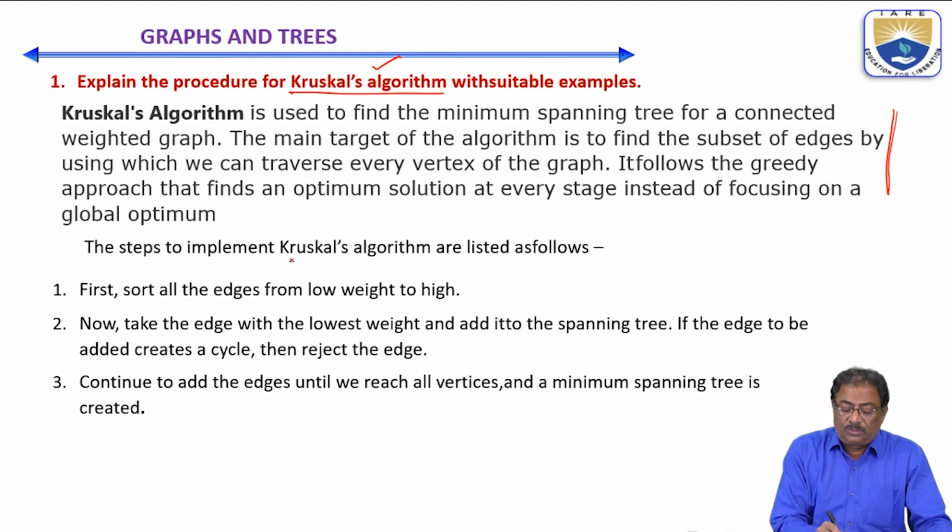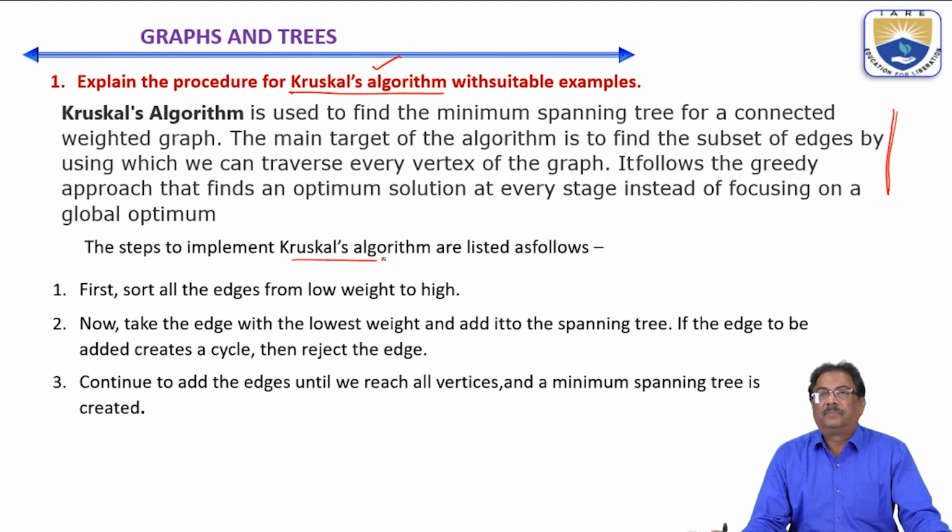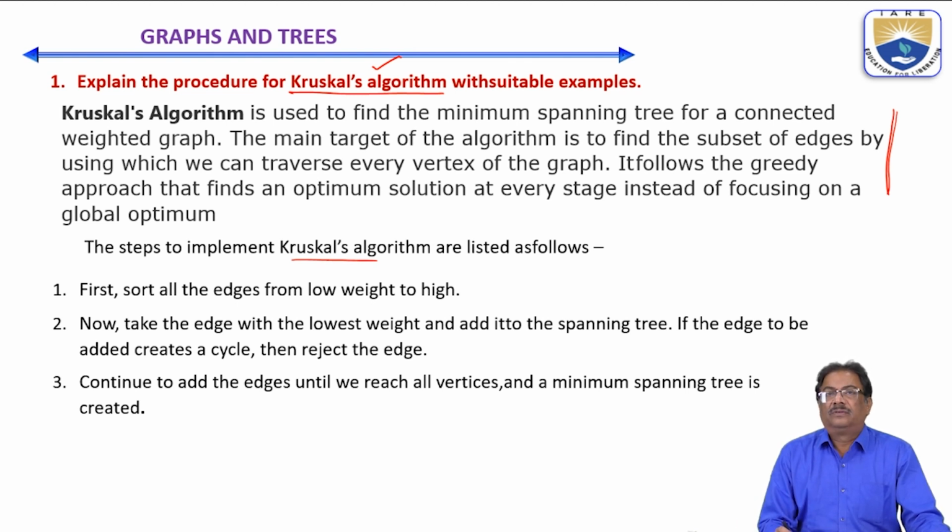Now the Kruskal's algorithm procedure is, first of all, we have to sort all the edges from low weight to high weight. That means we are going to arrange all the edge weights in ascending order.